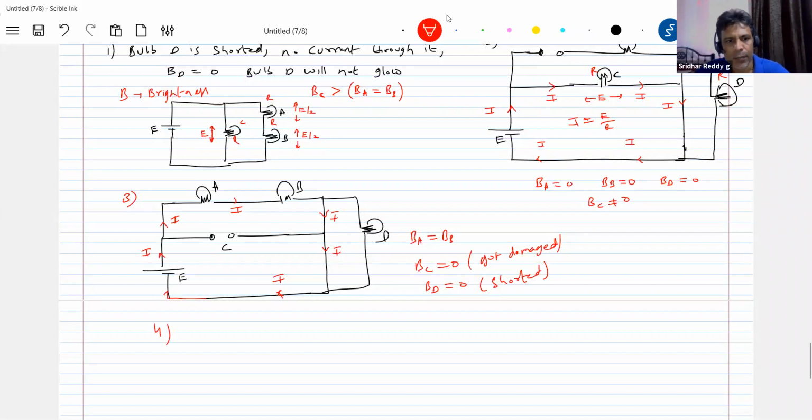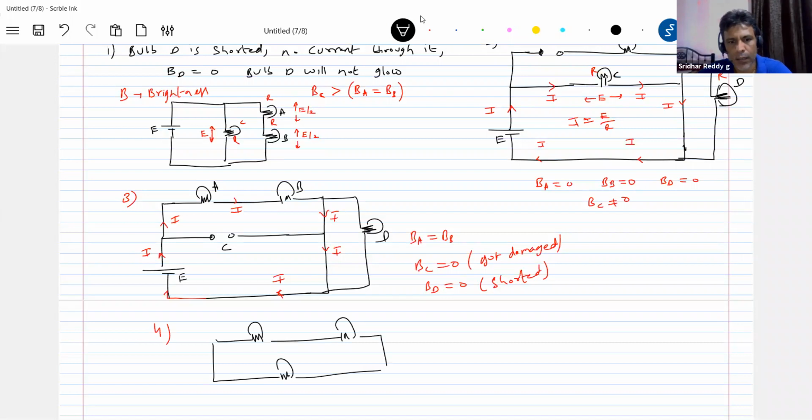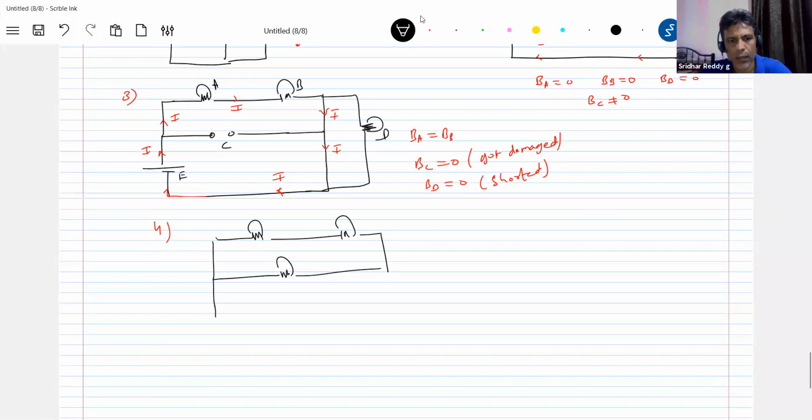Third case, if bulb D fails, it means I should put an open circuit.